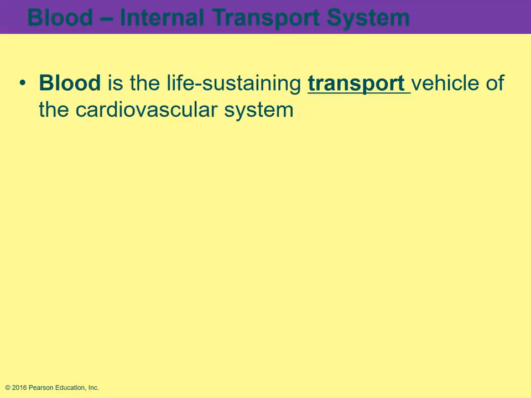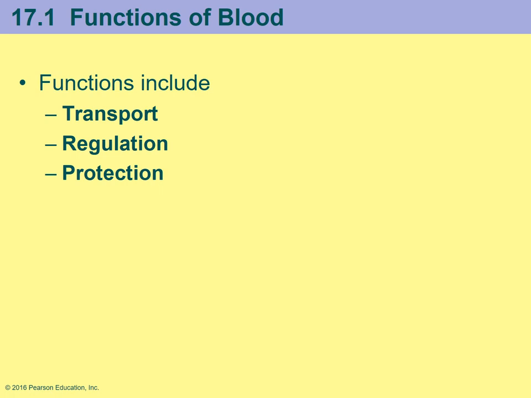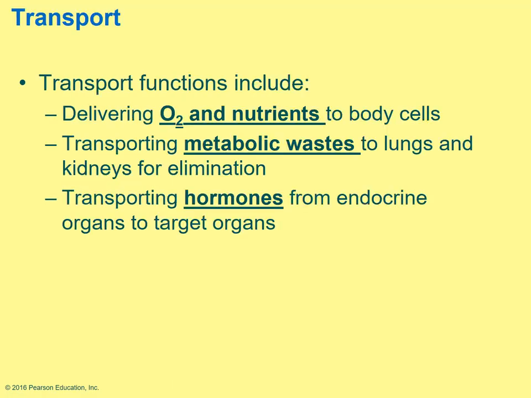Blood is a transport mechanism in the body, transporting things such as oxygen, nutrients, and waste products. It helps to deliver the oxygen and nutrients which are necessary for all cells for survival.